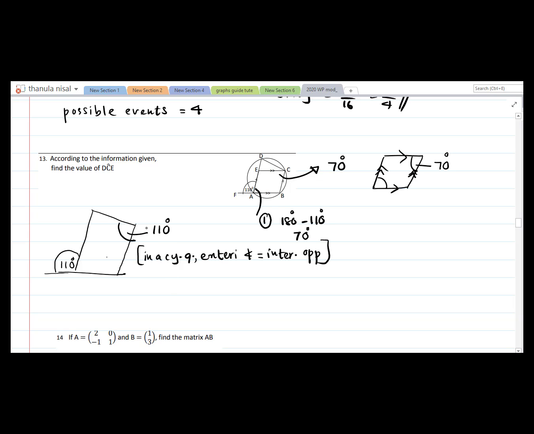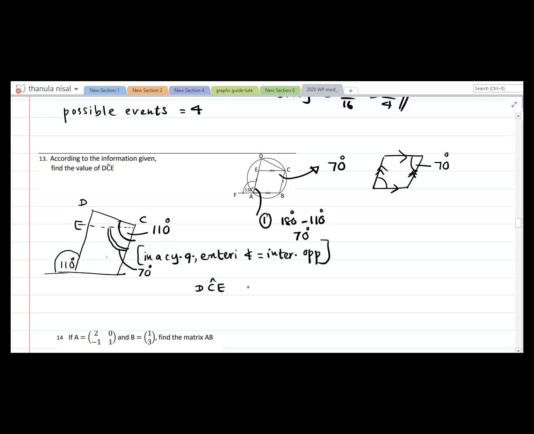Now if I split this entire angle into two sides and mark these letters, this entire angle is 110, this part is 70. Then using the found values, we can easily write DCE.